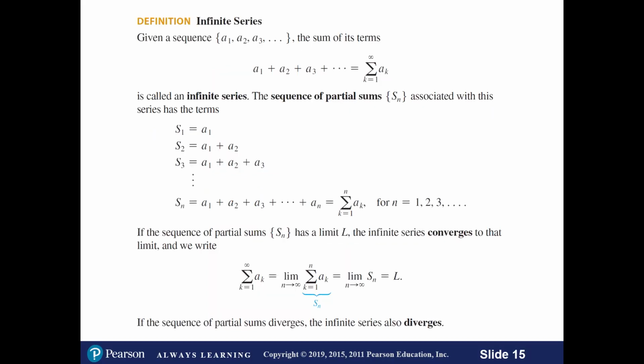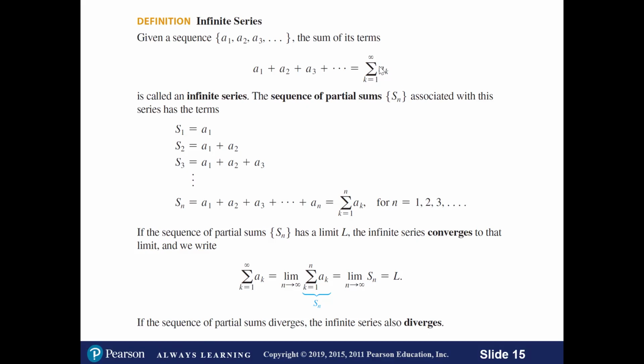We can introduce some notation to help us represent this a little more concisely, and the notation here is very important. So we notice we've got an infinite series. We're going to define it formally as a sequence. We have a given sequence A1, A2, A3. The sum of its terms, A1 plus A2 plus A3 off to infinity, is called an infinite series.